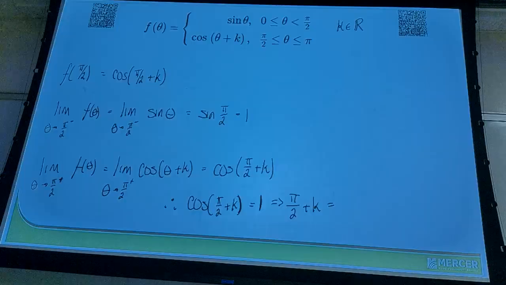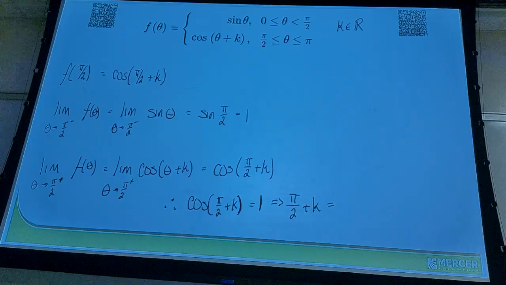What's the condition? There's an infinite number of values, but all those values have something in common: it's a full rotation, which means 360 degrees.